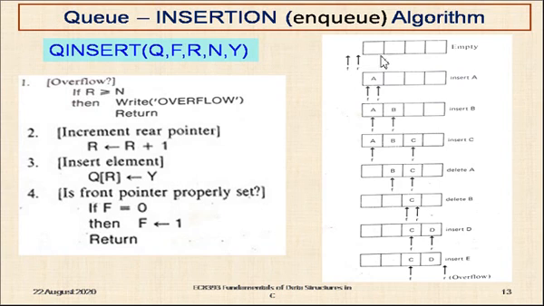Here the size of the queue, that is N, is assumed to be 4. 1, 2, 3, 4. It is able to accommodate 4 data items. The locations could be either 0 to 3 or 1 to 4. For this algorithm, it is assumed to be locations 1, 2, 3, 4.